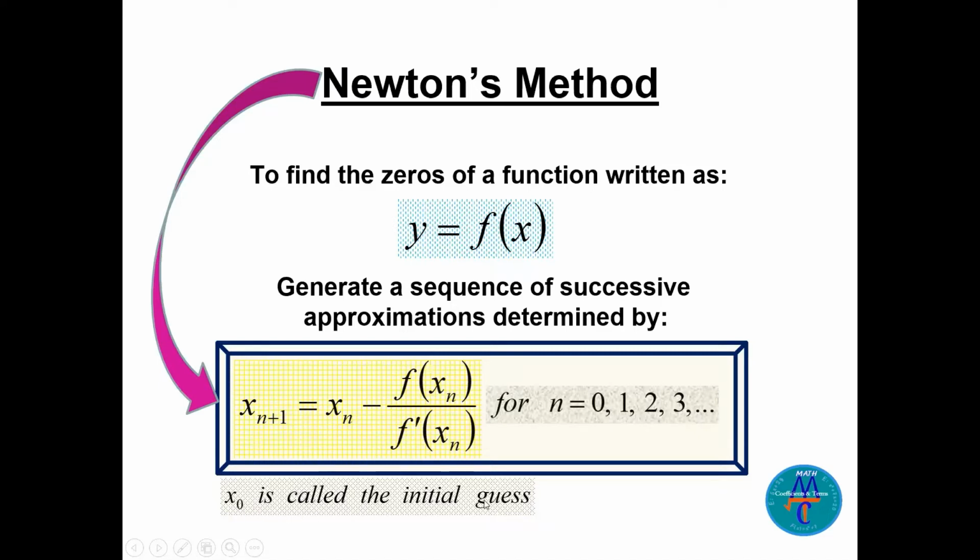Usually this is given, and we start here with n equals 0. So I put 0 for the n. So I get x sub 1 is equal to x sub 0 minus all this. So I can use that initial guess.